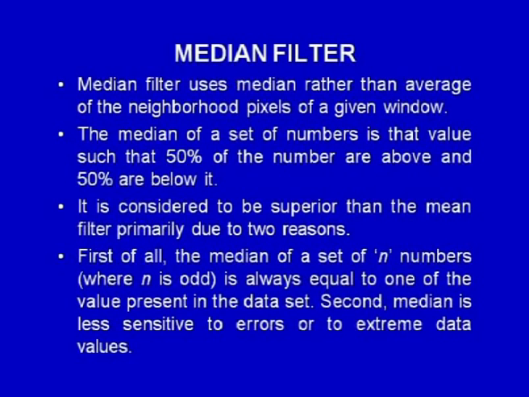First of all, the median of a set of n numbers, where n is odd, is always equal to one of the values present in the data set. Second, median is less sensitive to errors or to extreme data values.